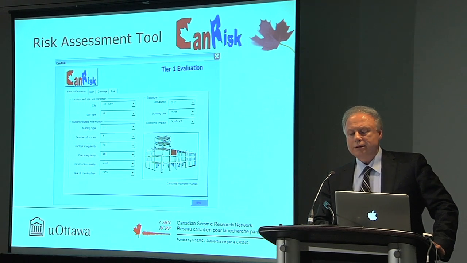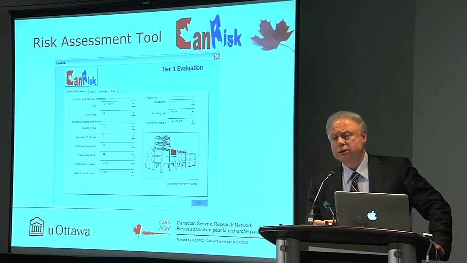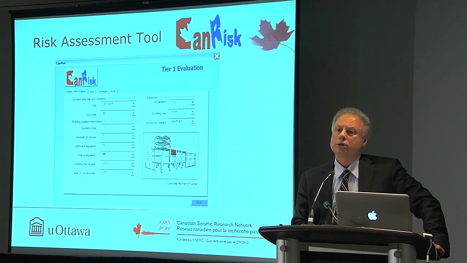And then the software CAN-RISK was developed based on fuzzy logic because the whole concept is fuzzy. It's supposed to reflect lessons learned during previous earthquakes, and it reflects expert opinion. And now we're trying to make this a bit of a smart decision-making tool. The more you use it, the more it will improve and build up its own database.